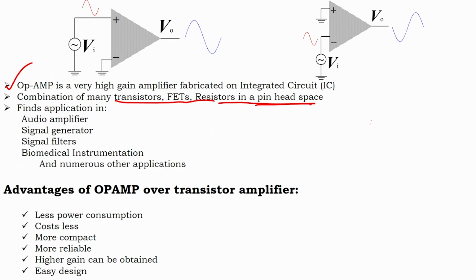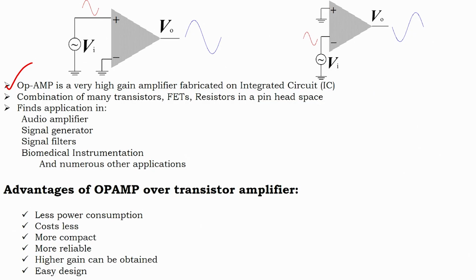So, that means that when you take a small silicon chip, it has a lot of circuits that can include transistors, resistors, FETs, and so on and so forth. And it has extremely high gain, okay. So, two things we understood about op-amp: it has extremely high gain and it has a lot of components.